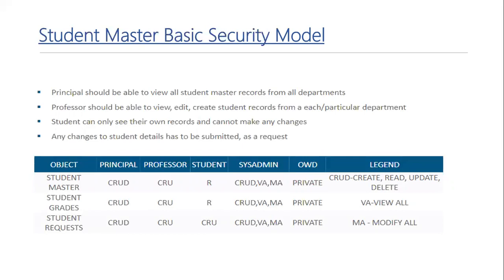If there are two users and you don't want those two users to see each other's data, then we'll mark it as private, so that user one won't be able to see the data of the second user. If you mark it as public, then user one will be able to see the data created by user two, or vice versa. But if we give view all permissions, then even though the OWD settings are private, the user will still be able to see the data. And the same goes for modify all.